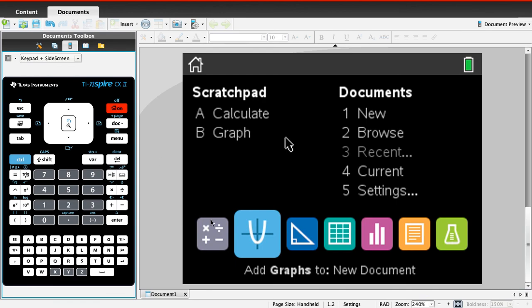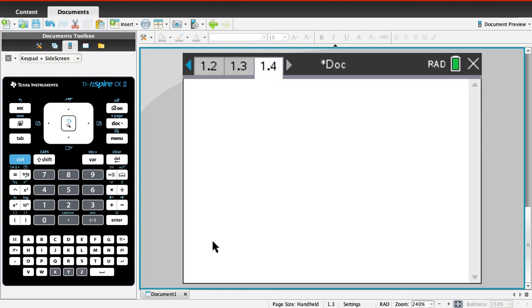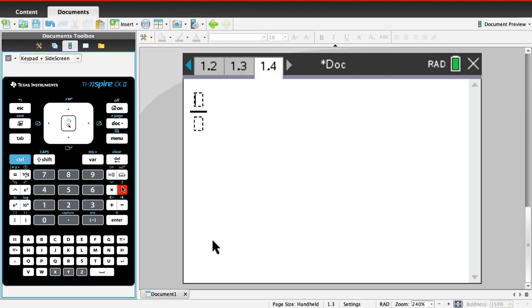So I'm going to head to a regular calculator page, and I'm going to first start a fraction. Control equal.